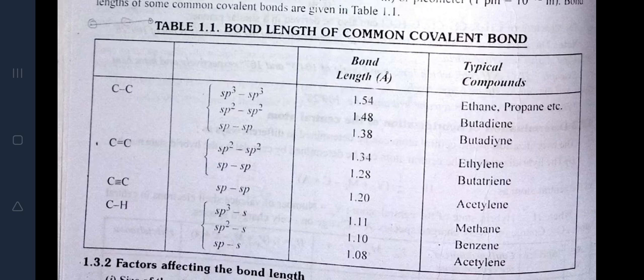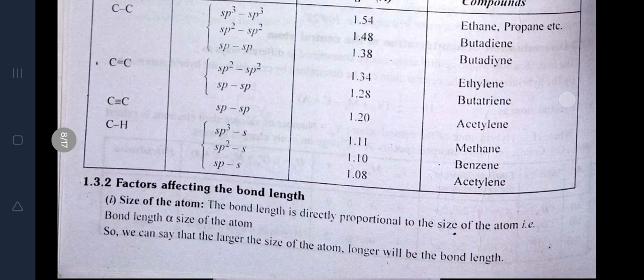Next, the carbon-carbon triple bond, sp-sp hybridization, has a bond length of 1.20, with typical compounds like acetylene. Carbon and hydrogen give sp3, sp2 and sp, with bond lengths of 1.10, 1.10, and 1.08, and typical examples like methane, benzene, and acetylene.